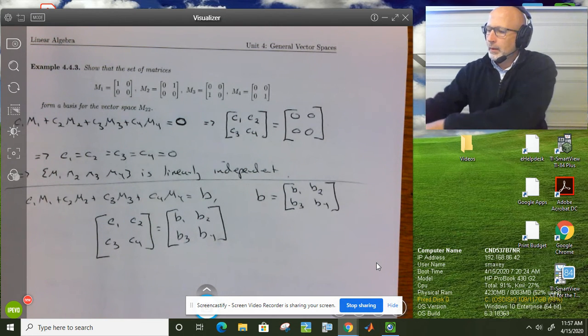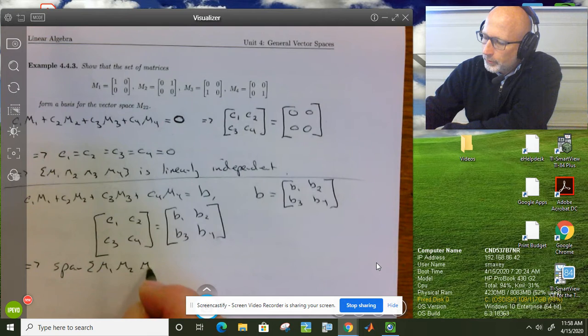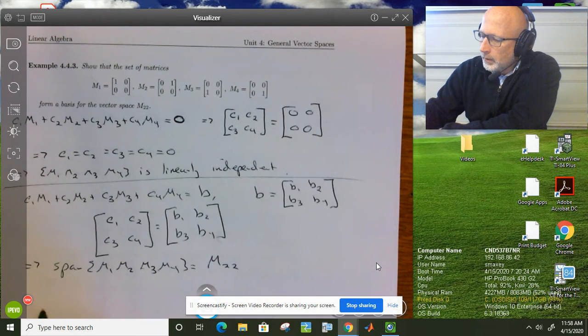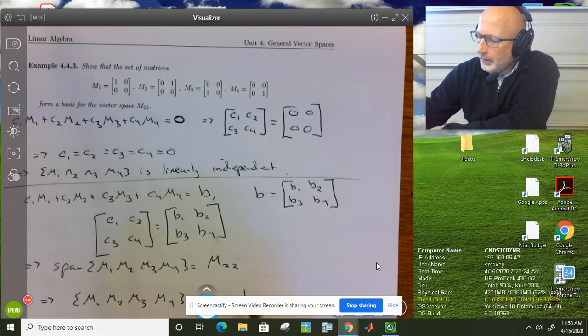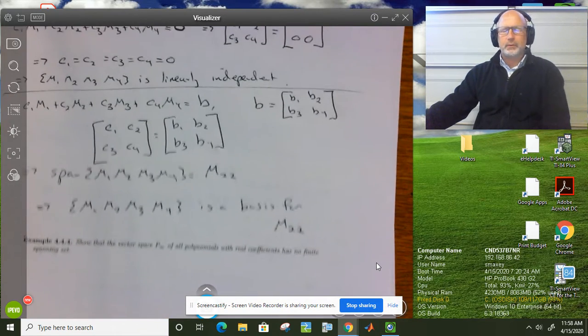It spans it. Therefore, the span of M1, M2, M3, M4 is equal to M22. So therefore, the set M1, M2, M3, M4 is a basis for M22. Okay, I was just able to express it in a different manner.